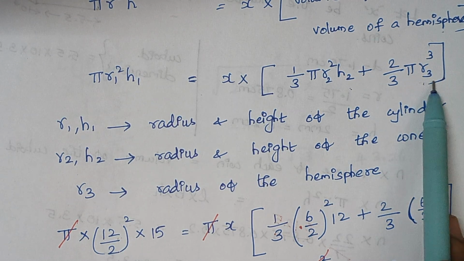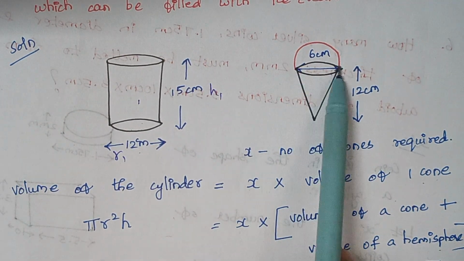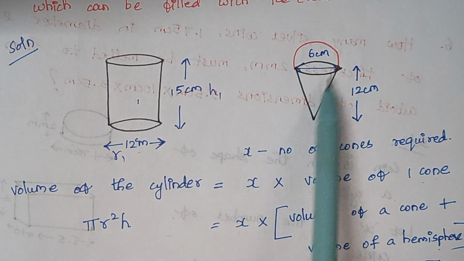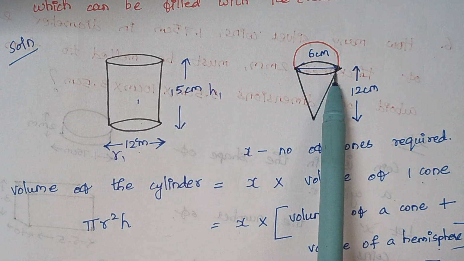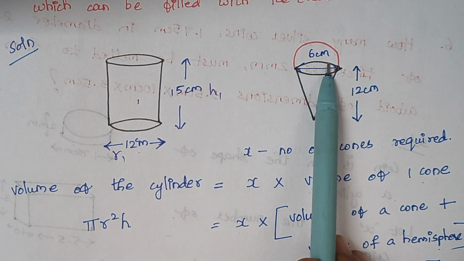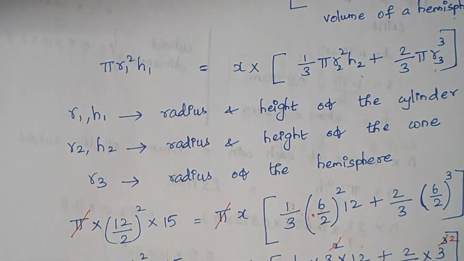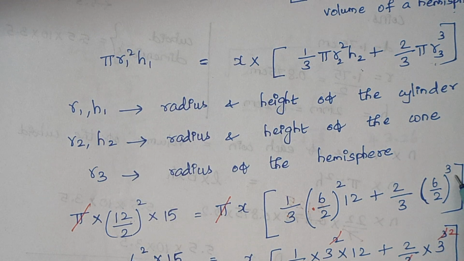What is the value of R3? So again you see this diameter is common for the cone as well as for the hemisphere. So again the diameter of the hemisphere is 6. Therefore the radius is 6 by 2. So here I had written it as 6 by 2 whole cube.